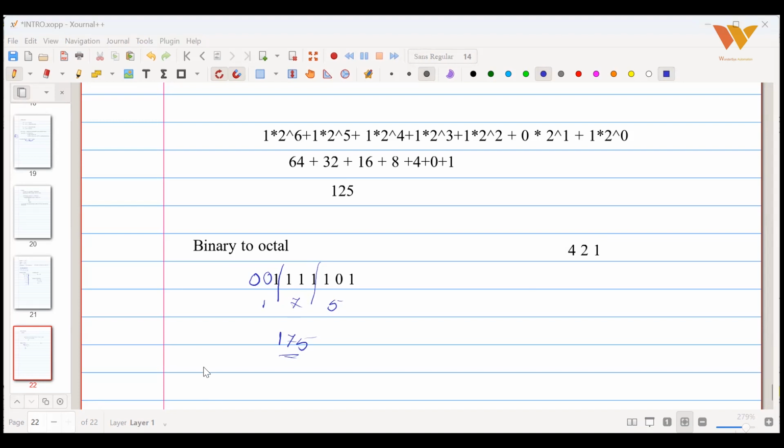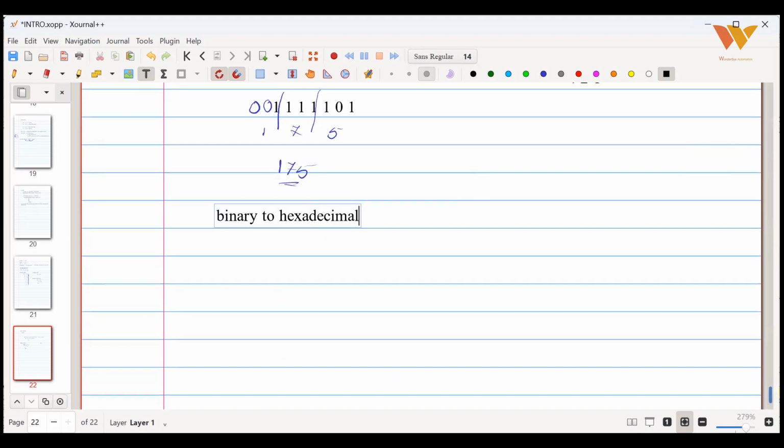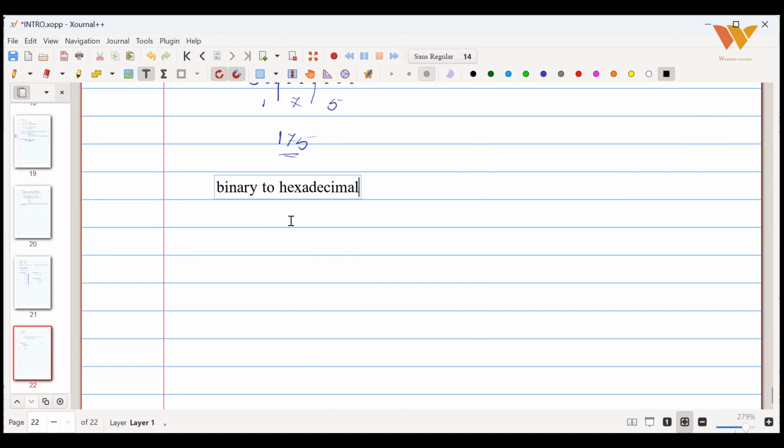Now for binary to hexadecimal, I'll group it into 4 numbers.